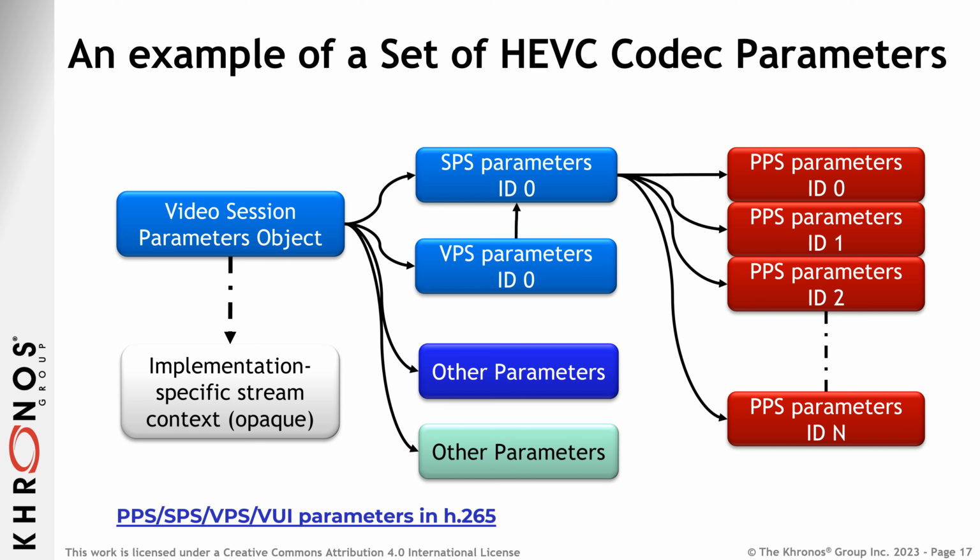On the left, one can also see the implementation caching the post-processed version of these parameters internally. In the process of discovering picture parameters with the help of the video parser, the application will add new parameters to a picture object. This picture object will be used with the video operations that refer to the VPS, SPS, PPS entries by their corresponding IDs.